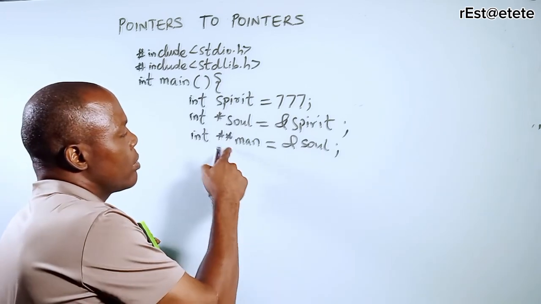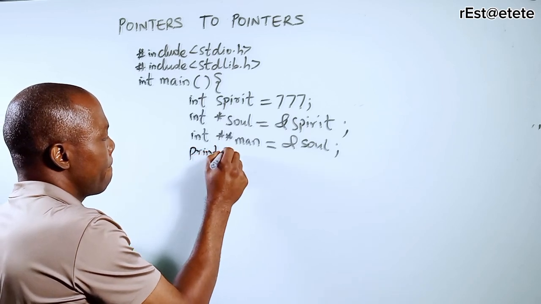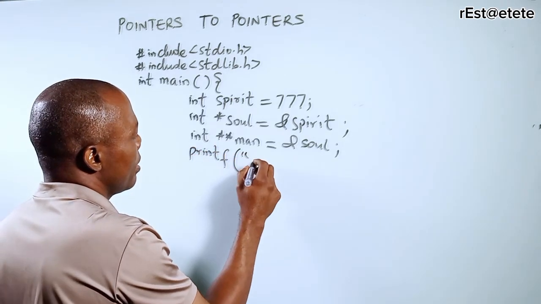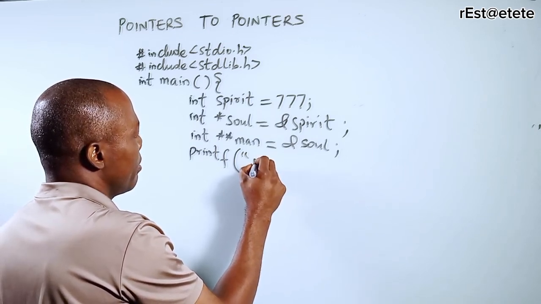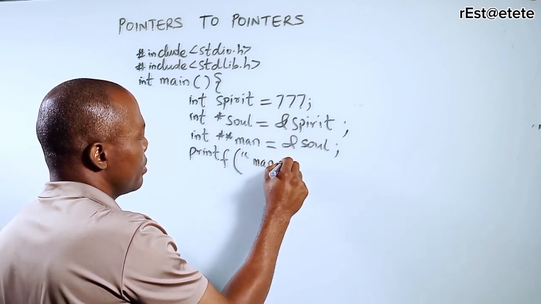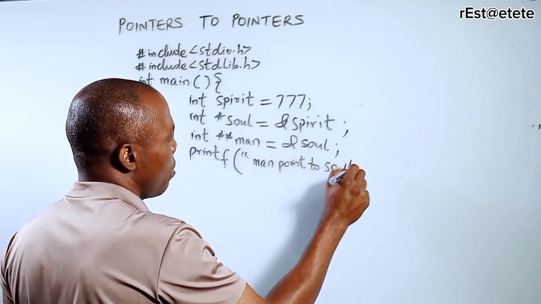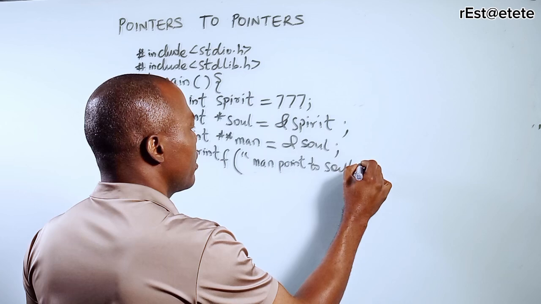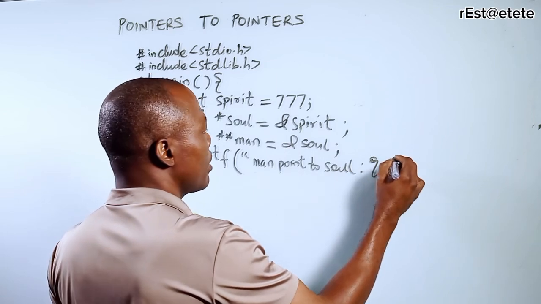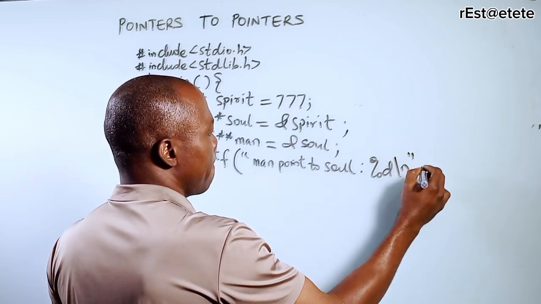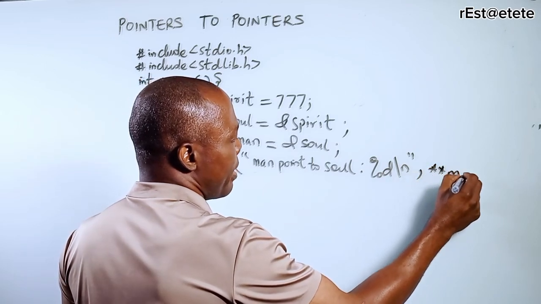Now I want to print out the content of this man. So I'll say printf, "Man points to soul", percentage d, slash n, and then double asterisk man.